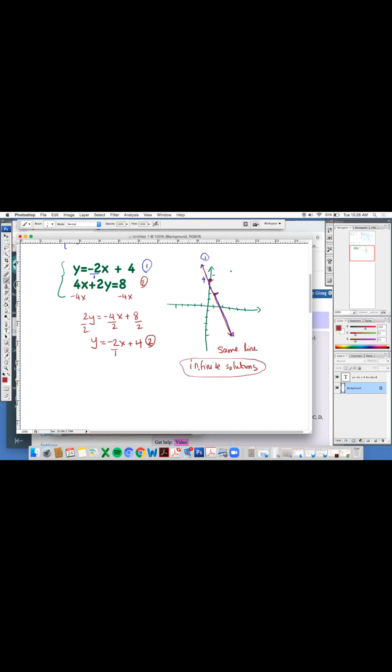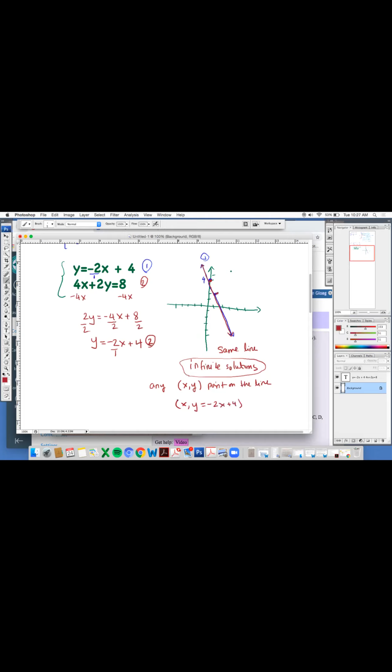Now infinite solutions doesn't mean that it's any xy point. It's any xy point on this line. Sometimes you'll see this written as I could pick any x that I want, but it has to be on this line y equals -2x plus 4.